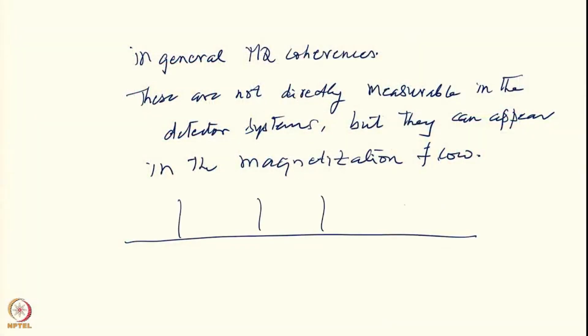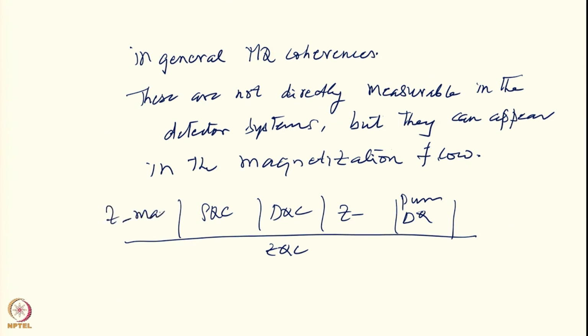So, in the general scheme, you can have single quantums here, you can have double quantums here or zero quantums there, or you can have Z magnetization, you can have pure double quantum. I am just randomly writing here what all things can happen, okay, coherences, and here you have Z magnetization. So this is the pathway along the time, and when you detect here, this will be single quantum coherences only.